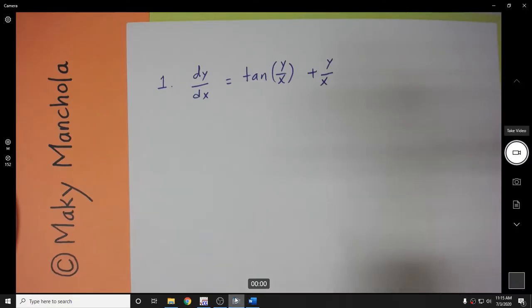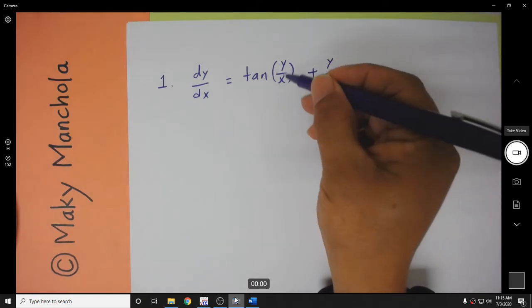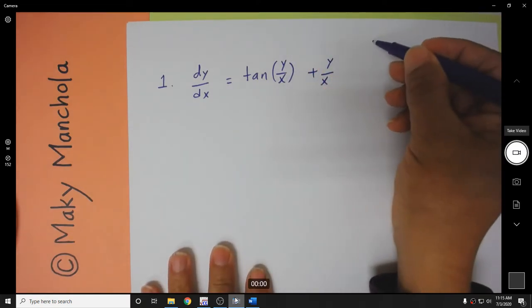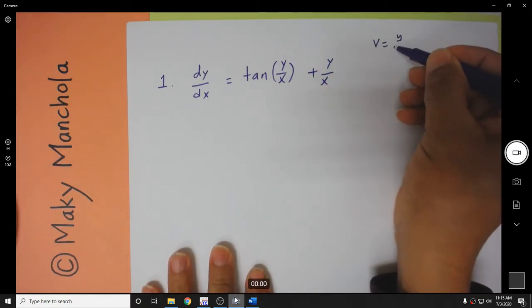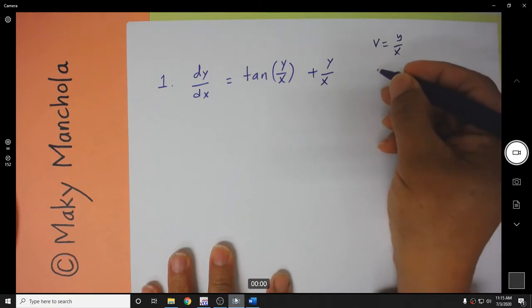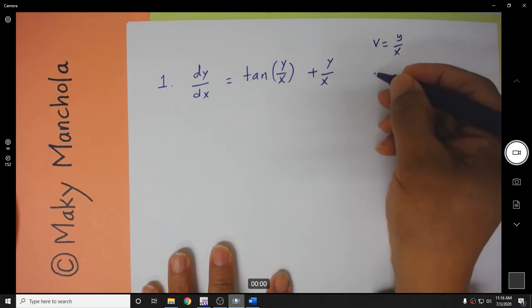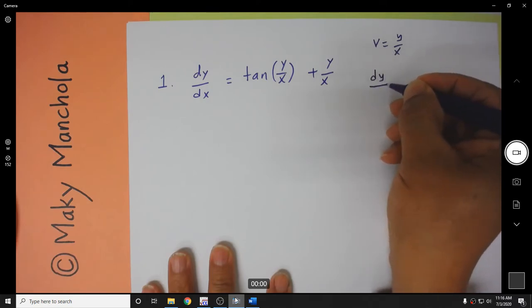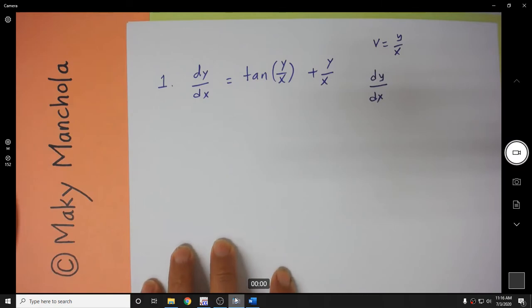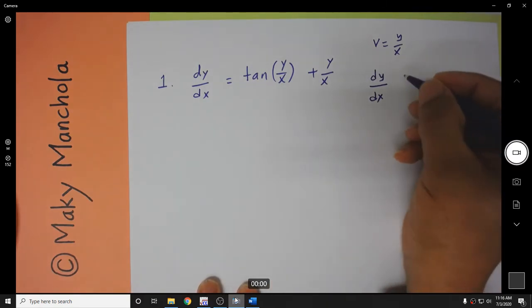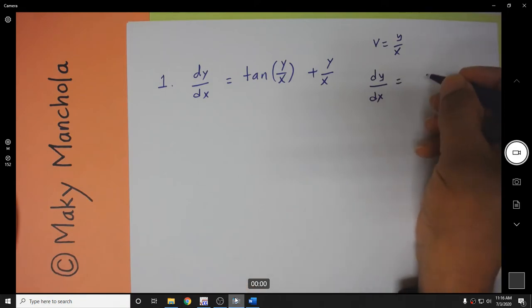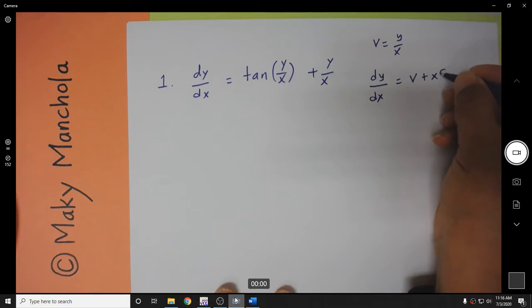So our substitution is v equals y over x. Remember that consequently, when you cross multiply and you get dy dx, you obtain v plus x dv dx.